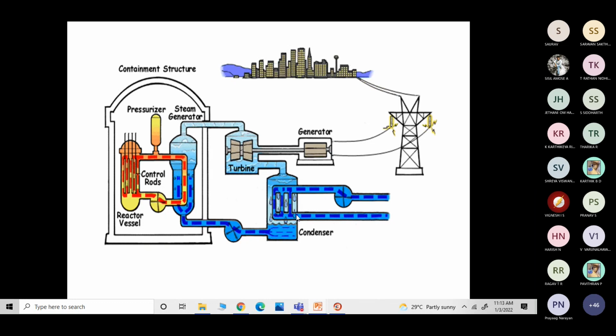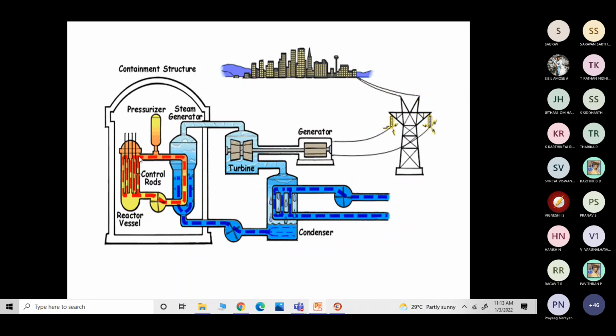Then the low pressure steam flows over the condenser tubes. So there are two cases. In the steam generator, the hot coolant is flowing inside and gives its heat energy to the circulating water, so the water becomes steam. The steam impinges on the turbine, the turbine runs the generator and you get the electric power. Then the low pressure steam passes over the condenser tubes, and inside the condenser tubes you have the cold fluid.